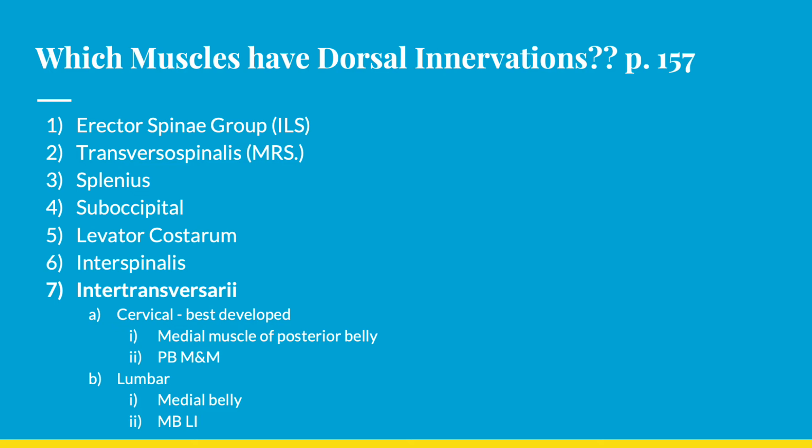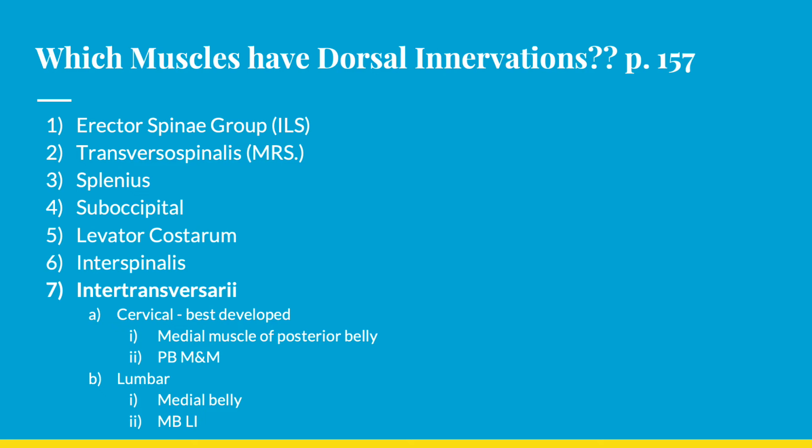We've got our entire erector spinae group, and those are going to be dorsal innervations: your iliocostalis, your longissimus, and your spinalis. Your transversospinalis, those are your multifidus, rotators, and semispinalis. We've got your splenius muscles, your suboccipital muscles, your levator costorum, your interspinalis, and your intertransversarii.